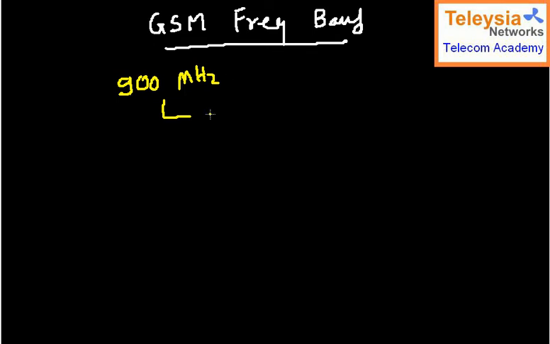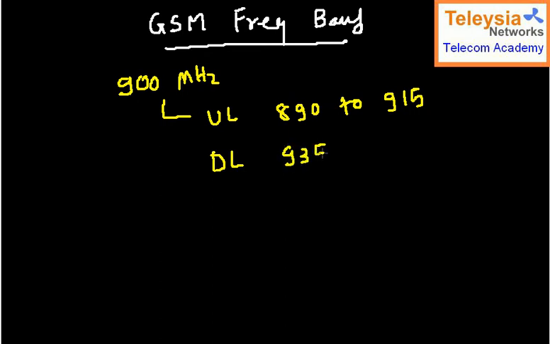So we have the uplink frequency in the normal band starting from 890 megahertz to 915 megahertz, and we have a downlink frequency which starts from 935 megahertz to 960 megahertz.